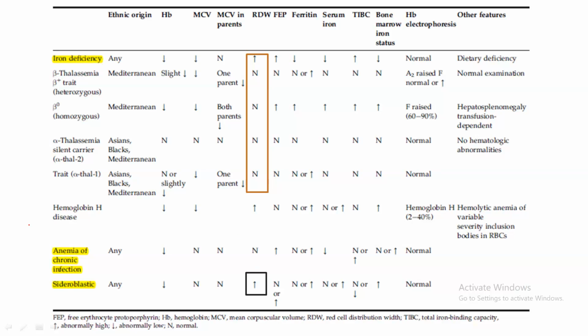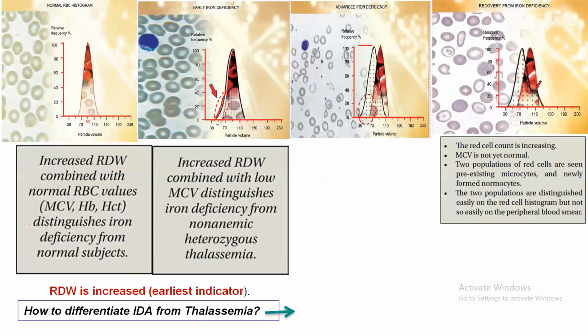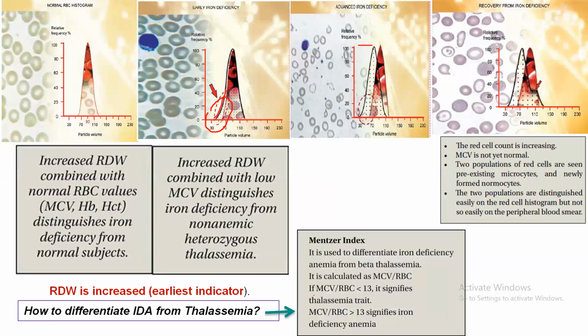That's an important differentiation. As I told you, RDW is the first to change in iron deficiency anemia. Increased RDW combined with low MCV distinguishes iron deficiency anemia from the non-anemic thalassemia trait.